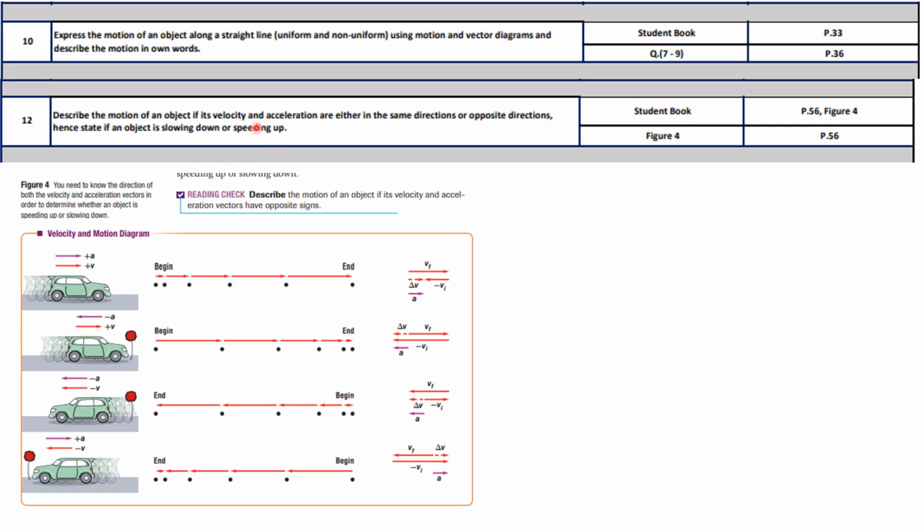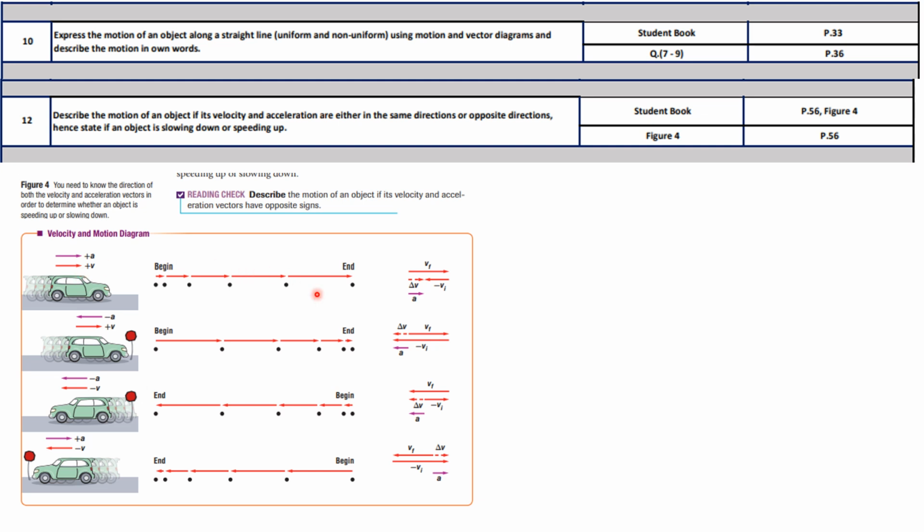Here, point number 10 and point number 12 share the common idea about describing the motion of velocity and acceleration vector. So I pick figure number 4, where we have 4 different scenarios of a car moving, where in the first case acceleration and velocity are parallel and going in the same direction.